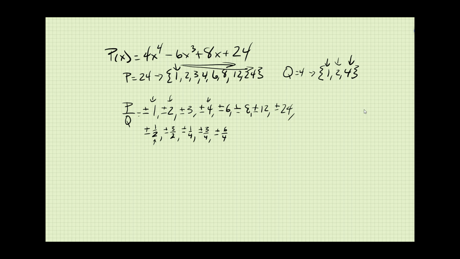Wait a minute, 6 divided by 4 can be reduced, and that is 3 halves, so we don't include that in the list. Then we do 8 divided by 4, that's 2. Then 12 divided by 4 is 3, that's in the list. Then 24 divided by 4, that's 6, that's also in the list. So here is our complete list of possible roots.